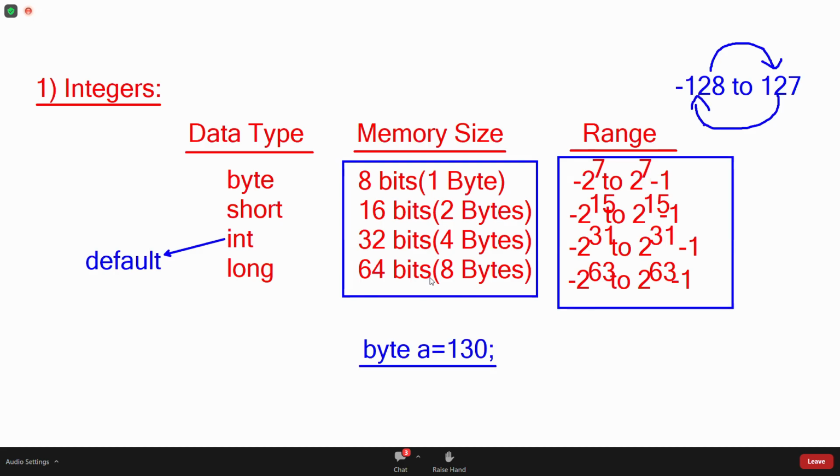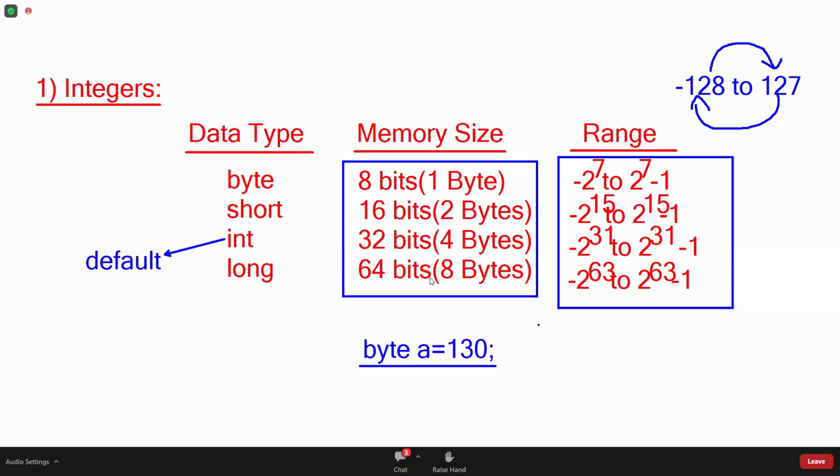In C language, plus 128 converts into minus 128. It will rotate. Plus 129 converts into minus 127. Plus 130 converts into minus 126. Like that, it will rotate in C language. But in Java, an error comes.